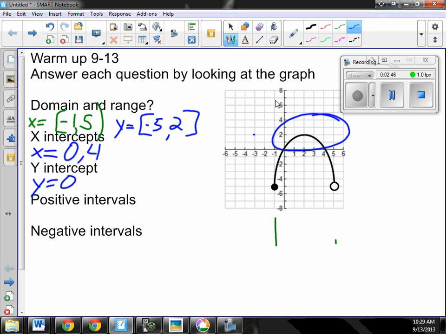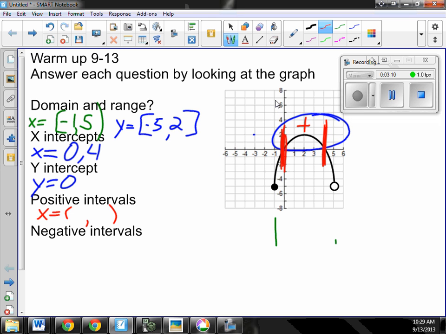So if we look at the x values, every x value from here to here, so all of this stuff is positive because it's above the x-axis. So the interval of x values that give me positive numbers would be, what's the smallest value that gives me a positive number? 0.